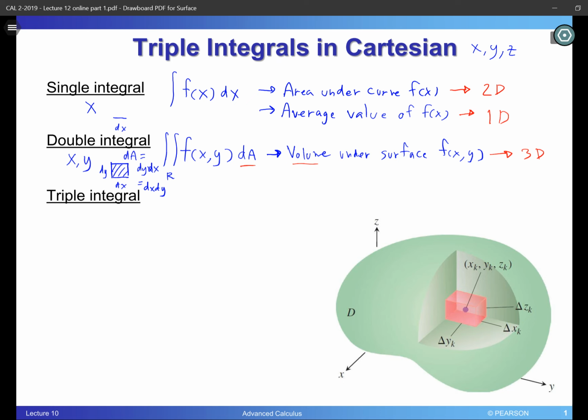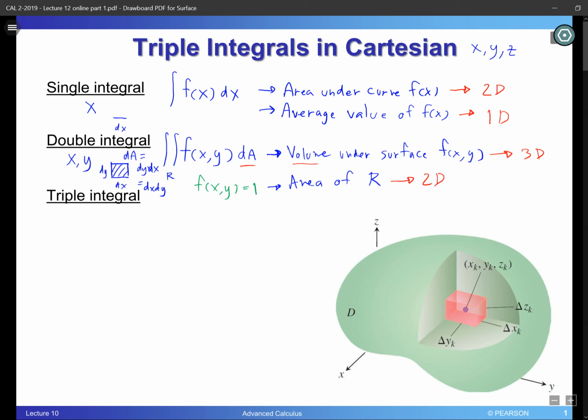And we also use some technique. We define f(x,y) to be equal to 1, and if we do this, the result of this double integration becomes the area of domain region R. Alright, so the result of this comes out to be area, which means that this value is 2D.